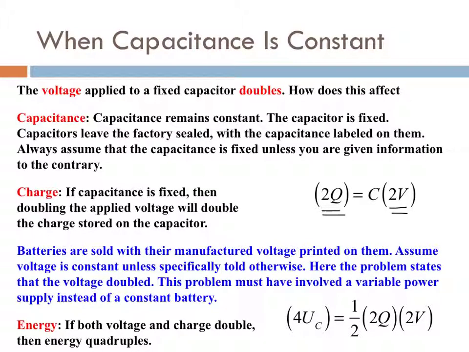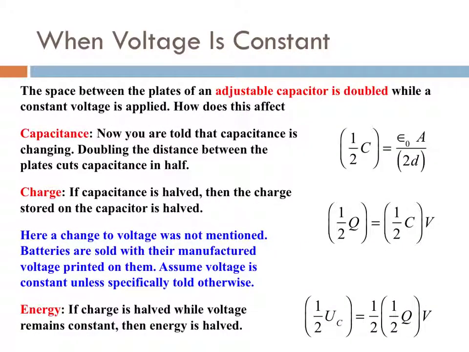Again, if you double the charge and you double the voltage, then you are multiplying our energy by a factor of 4. The only way the voltage could have increased like this is if we have a power source that has a varying voltage. You cannot do this with a battery because batteries have a set voltage.